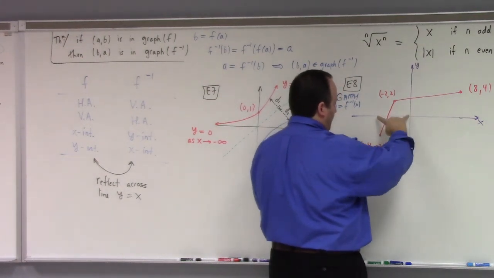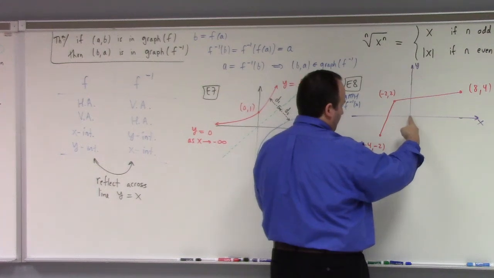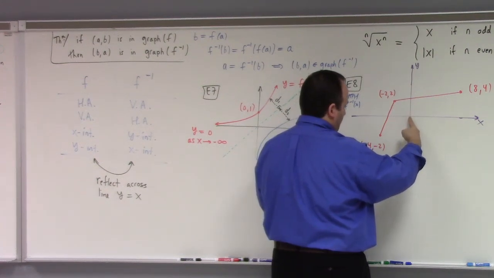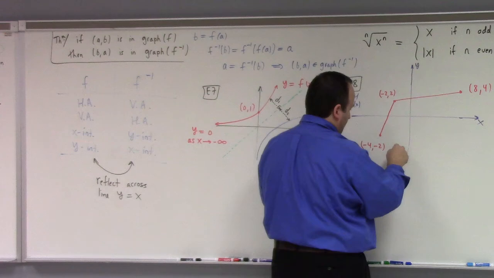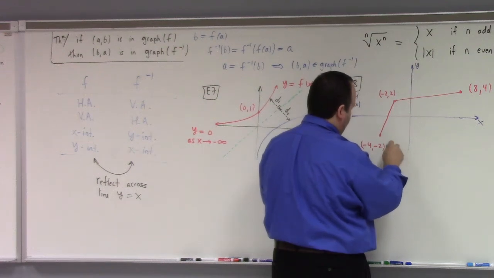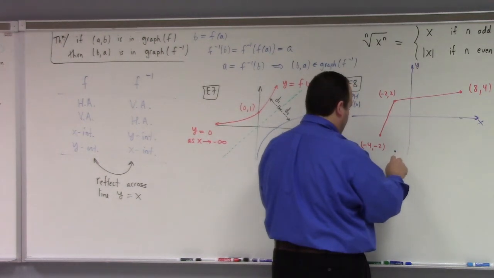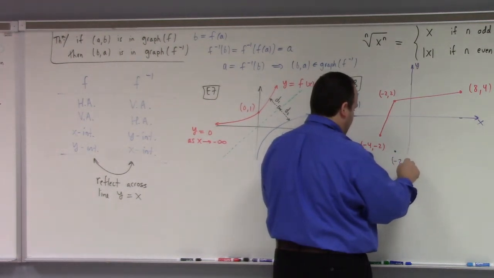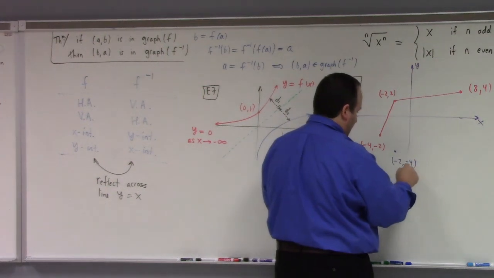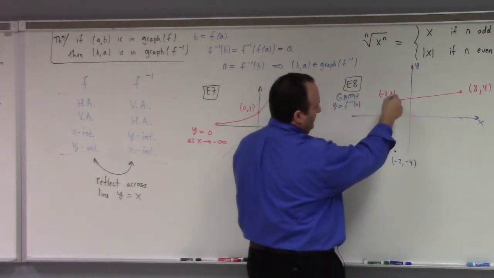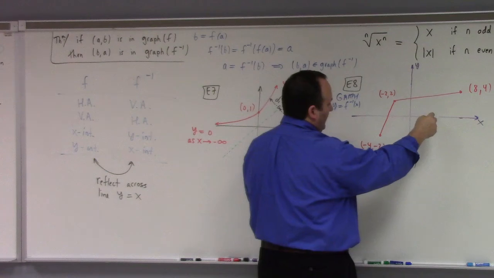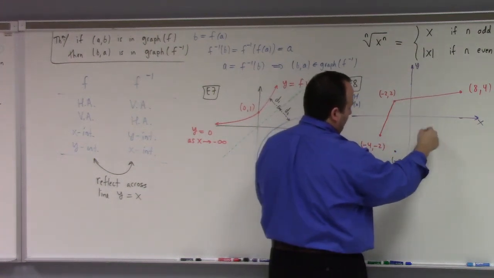Instead of going this much down and that much over, we go that much down and that much over. I think my graph's not quite to scale, but it's down here. So it's still in quadrant 3, just flip the coordinates. This one, -2, 2, flips to 2, -2. That's like here.